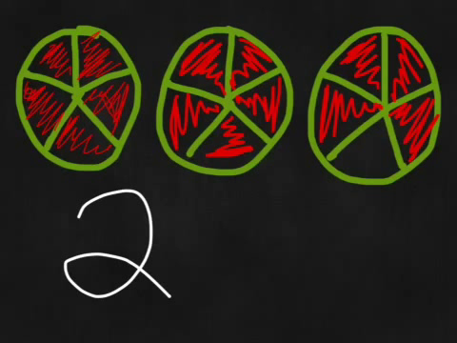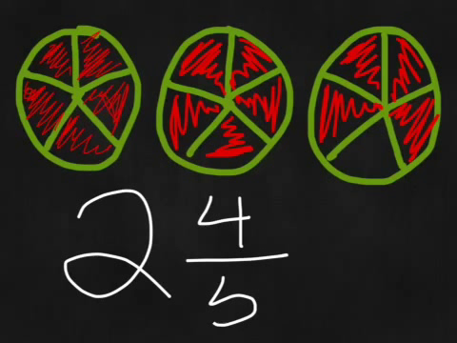A common error is for students and even adults to think, well, there's 4 and there were 15 pieces in all. We're looking at the size of the pieces, and they're 5th size pieces. So our fractional part is 4 fifths. So we now have the mixed number 2 and 4 fifths.